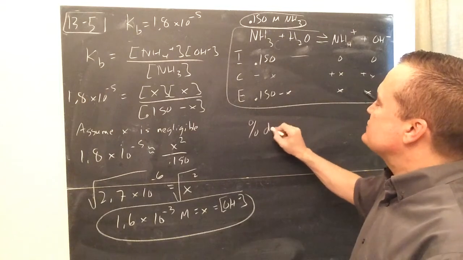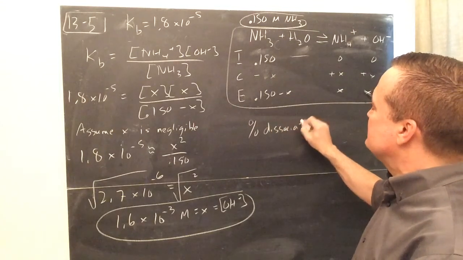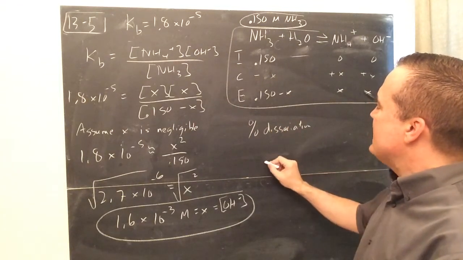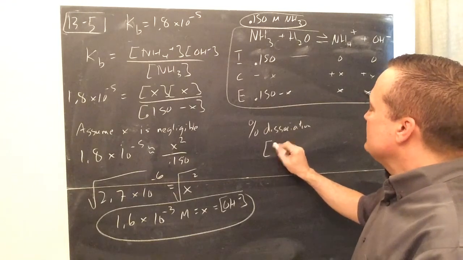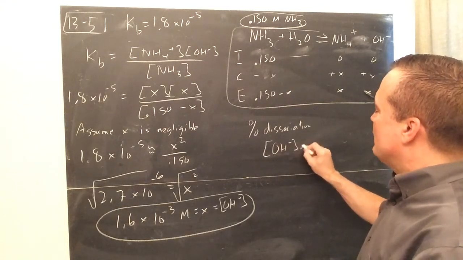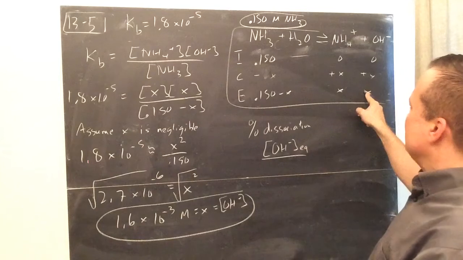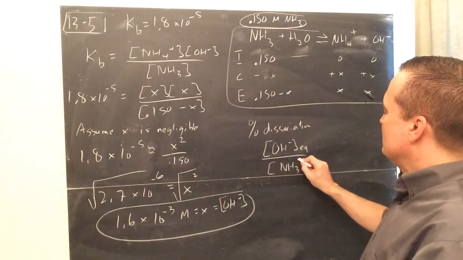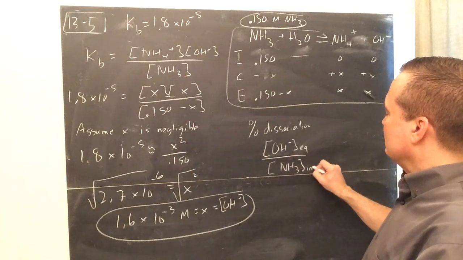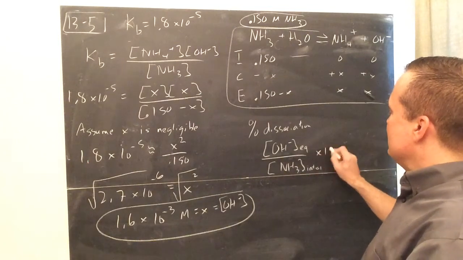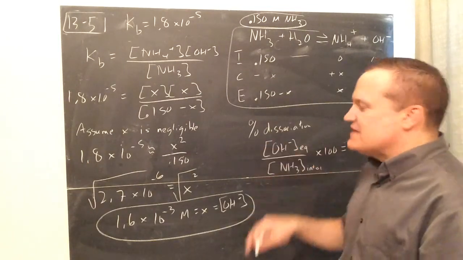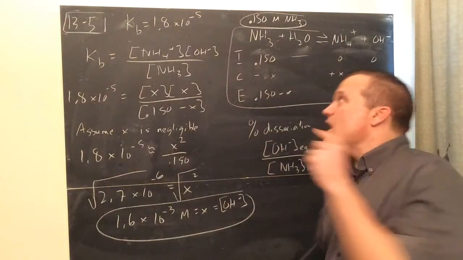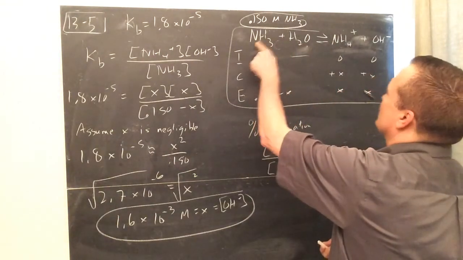Percent dissociation, there's something really important about this I want to mention too. For this one, you take the OH negative at equilibrium and divide it by the initial NH3 molarity times 100. Now, why do we say percent? What you're saying is, what percent of this turned into OH?